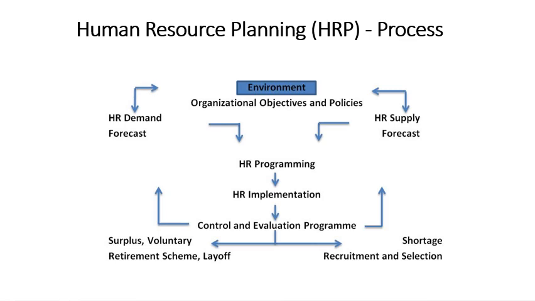So HR supply forecast will be done, to see whether the company will be able to meet that demand with the internal supply, or will have to go for external supply.